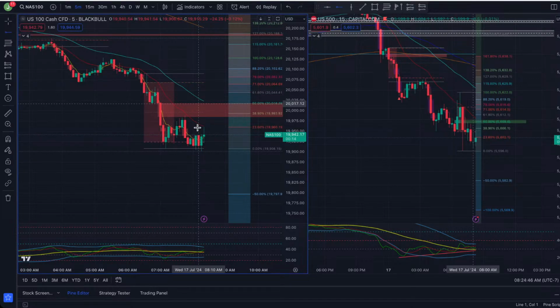Now let's see if it wants to give us a deeper retracement or a confirmation.